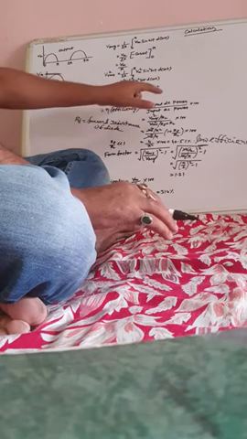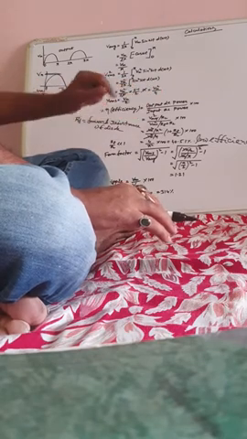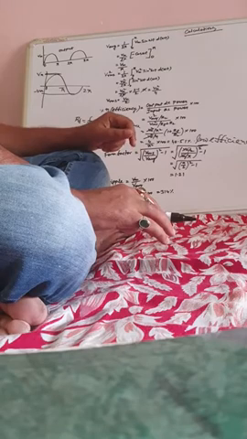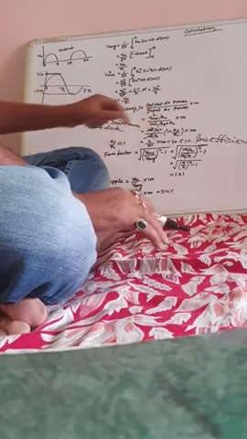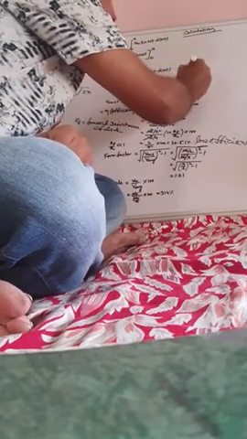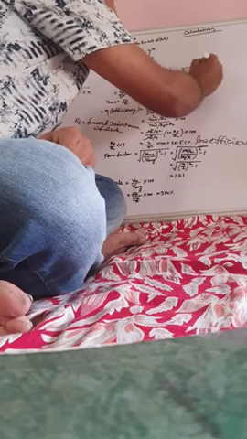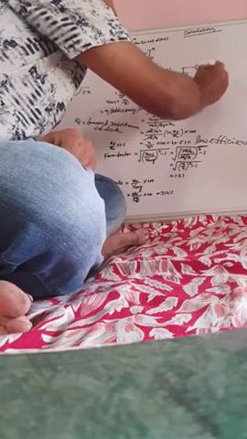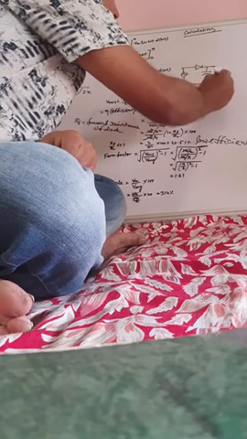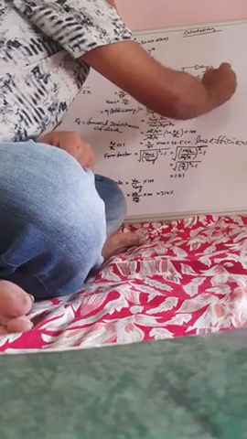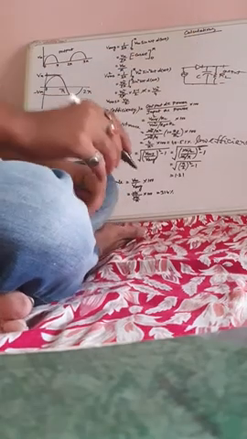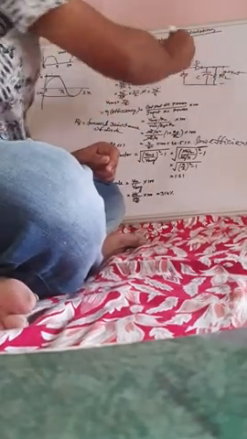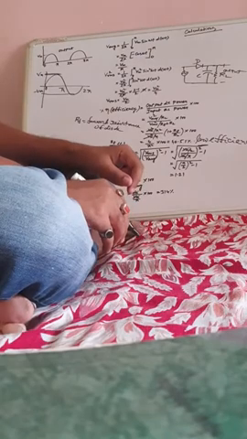Efficiency is always output DC power over input AC power. Output power is DC, input power is AC. So efficiency is VAVG square by RL, because from the load, in the half-wave rectifier circuit, with the diode D, the capacitor C and RL, we take the output.